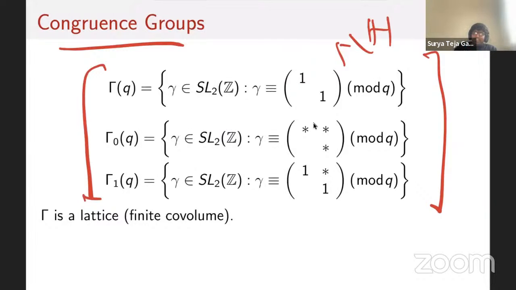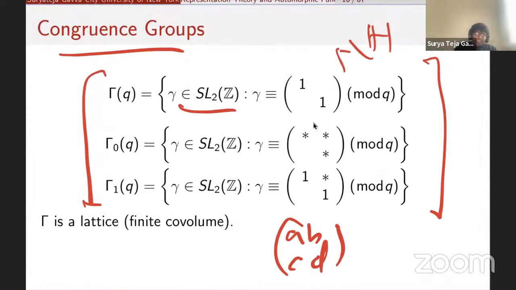These are matrices (a b; c d) which satisfy some congruence conditions: equal to identity mod Q, or equal to upper triangular mod Q, or these unipotent elements mod Q. These are specific subgroups that are interesting, and they appear a lot in number theory.